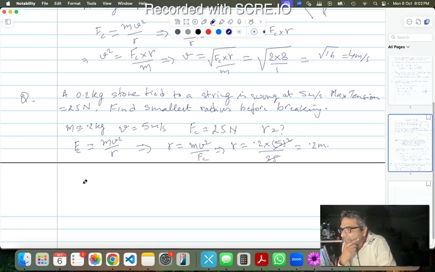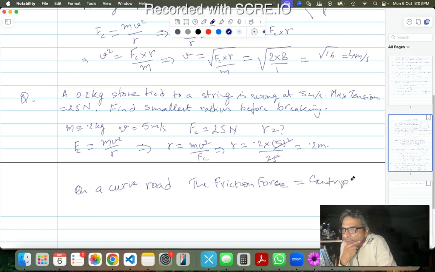I'm just stating this statement: on a curved road, the friction force should be equal to the centripetal force. That means F frictional equals F centripetal, which equals mv square over r.